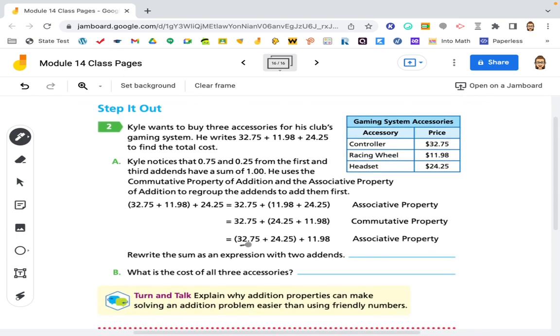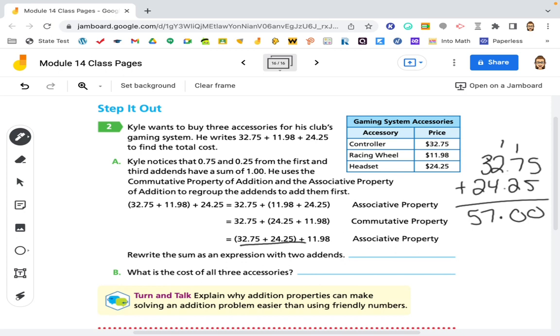So we're going to take and just add those two together. So 32 and 75 hundredths plus 24 and 25 hundredths. When we add that together, we get 57 and 0 hundredths. So we're going to have 57 plus 11 and 98 hundredths.